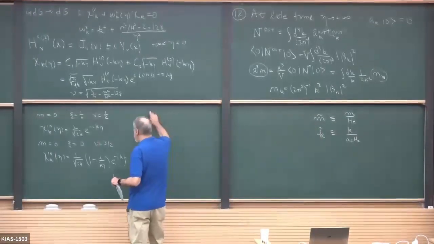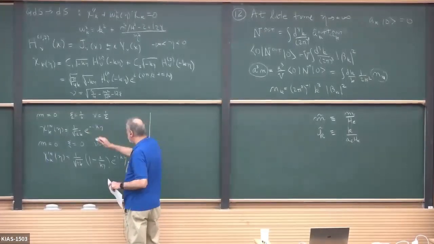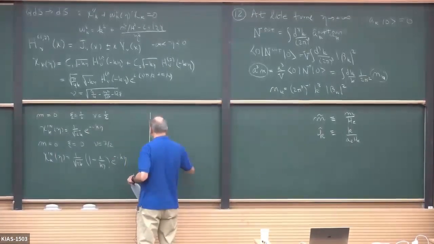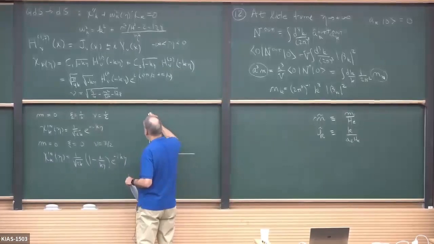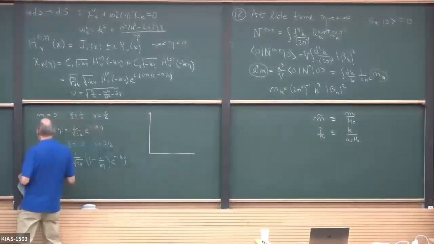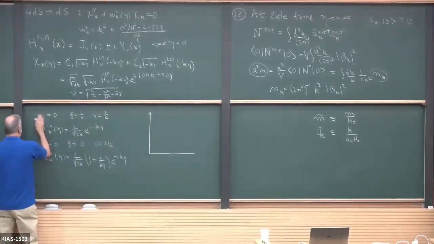So if I look at the low mass limit, and probably I should write this as m over h.